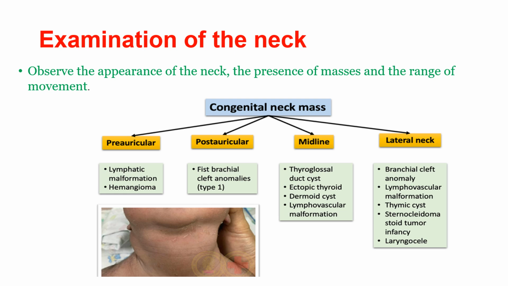For example, preauricular mass is due to lymphatic malformation or hemangioma, whereas postauricular is due to first branchial cleft anomalies, and midline can be due to thyroglossal duct cyst, ectopic thyroid, dermoid cyst, or lymphovascular malformation. Lateral congenital neck mass might be due to branchial cleft anomaly, lymphovascular malformation, thymic cyst, sternocleidomastoid tumor of infancy, or laryngocele.